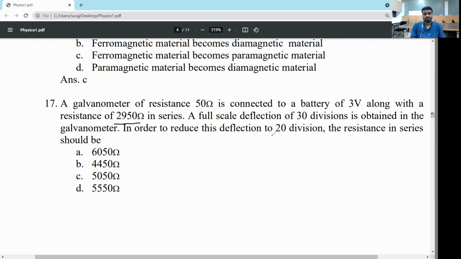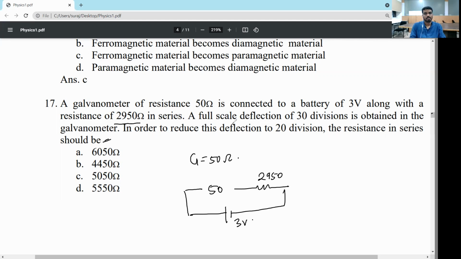In order to reduce the deflection to 20 divisions, the resistance in the series should be. Okay, nice question. So G is given how much? 50 ohm is connected to a battery of 3 volts along with a resistance of 2950. So this is 50. This is 2950. Okay. This is given 3 volts.